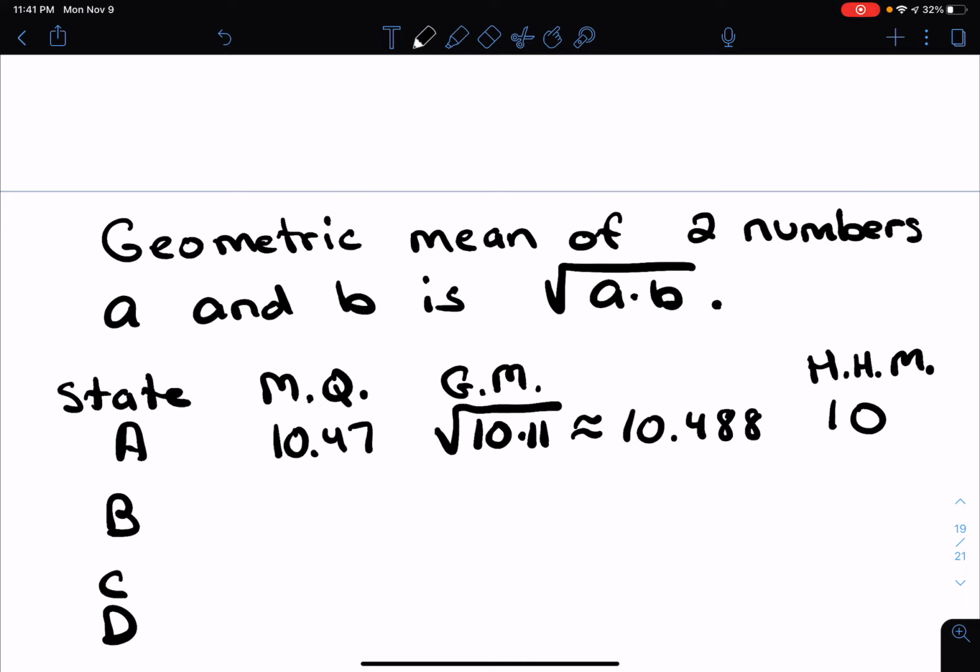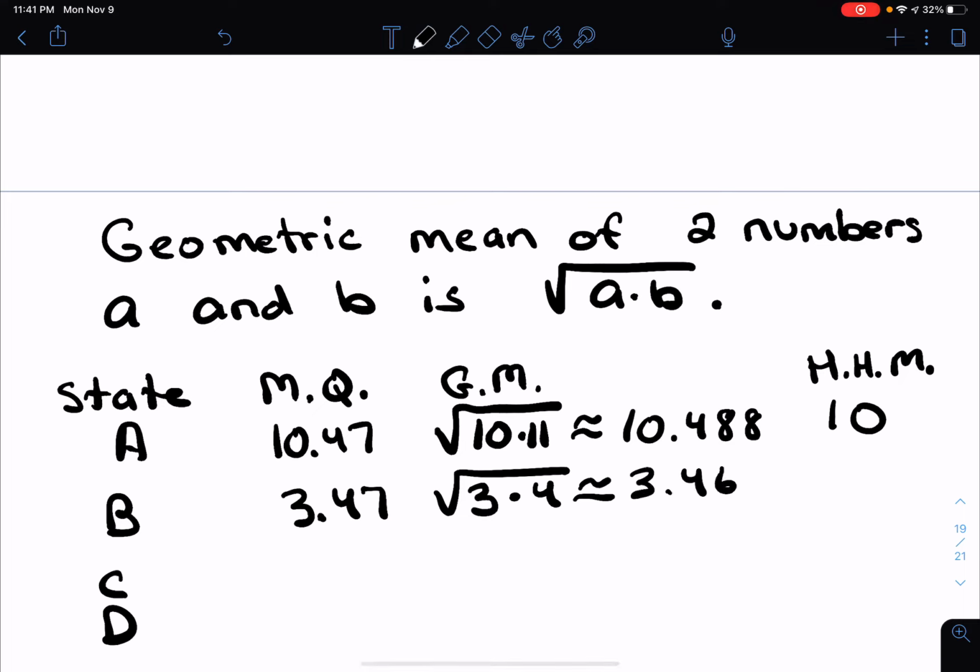Okay, state B had a modified quota of 3.47. Geometric mean, you're going to do square root of the 3 times the next one up, 4. So square root of 12. And you get around 3.464. Well, your modified quota of 3.47 is higher than the geometric mean of 3.464.